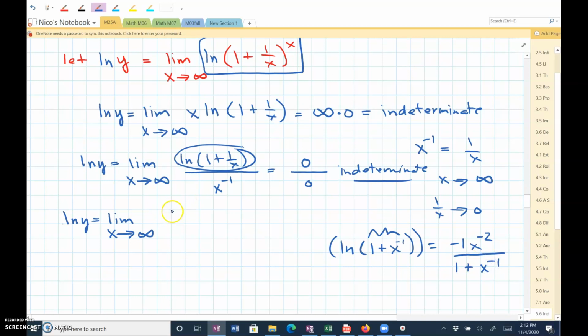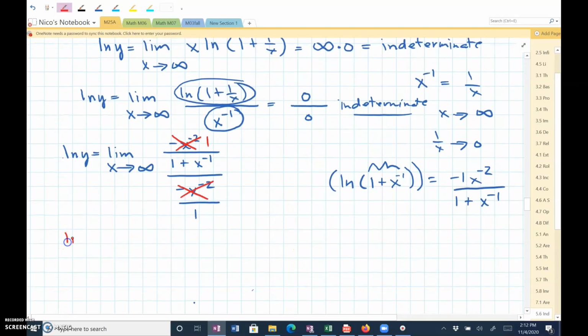So I'm going to have negative x to the negative second all over 1 plus x to the negative first, all over the derivative of this, which would be negative x to the negative second. Then you can see here, these cancel out.